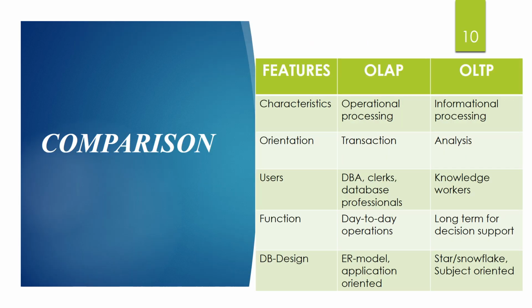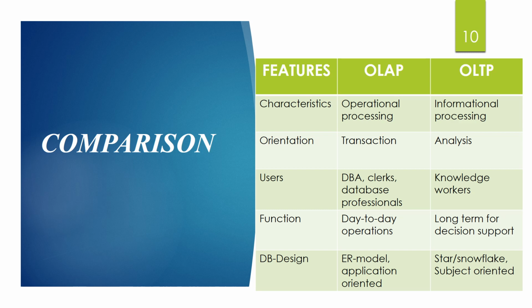Let's look at a brief comparison of their features, OLAPs and OLTPs. Their characteristics include operational processing and informational processing, correspondingly. OLAPs have a transactional based orientation, while OLTPs have an analysis based orientation.